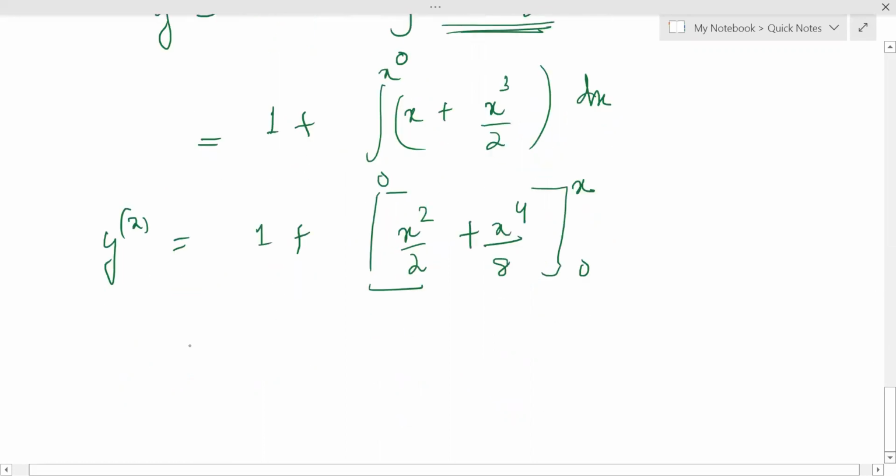Then you can see what the value is: 1 plus x square by 2 plus x4 by 8. The other value is 0.